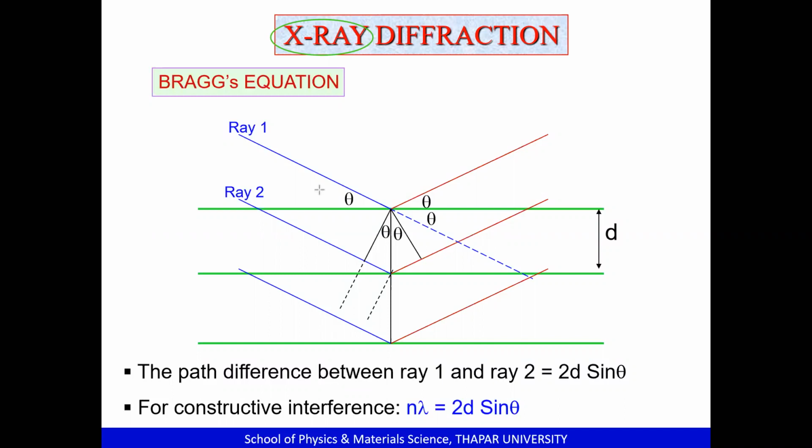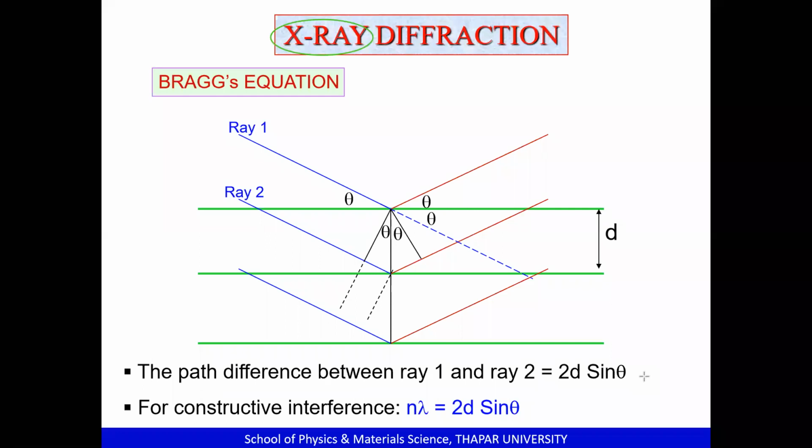So if I have two rays, ray 1 and ray 2, then because of their positions, the second ray introduces a path difference equal to 2d sine theta vis-a-vis ray 1.